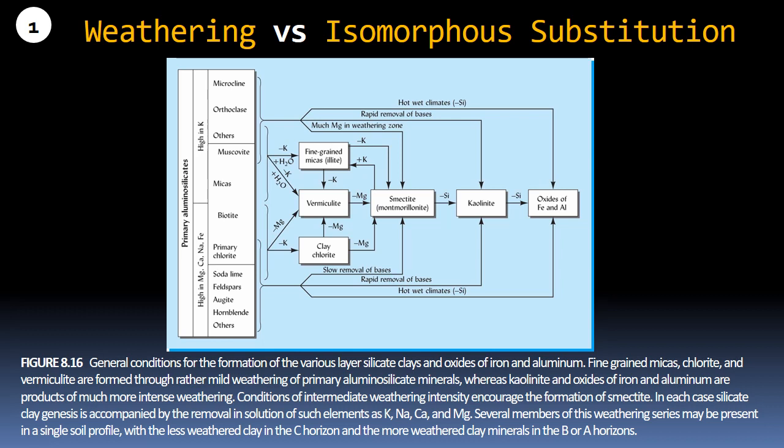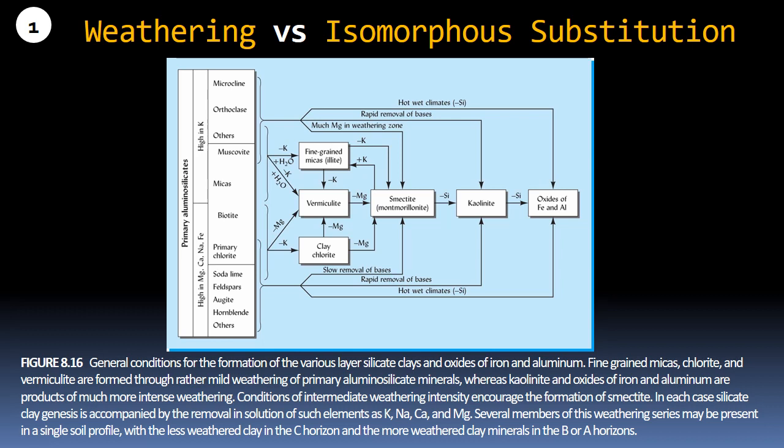And as it loses the silicon, its structure and its type completely change from a 2-to-1 type of clay mineral, which has a huge surface area, a huge number of charges, and is a swelling type clay, to kaolinite, a 1-to-1 clay, which is non-plastic, with a lower surface area, and non-swelling.